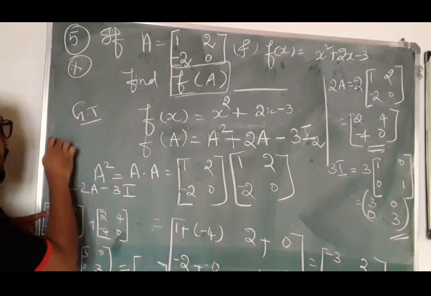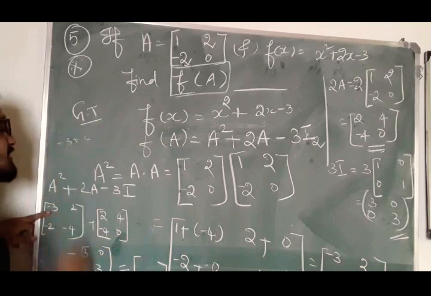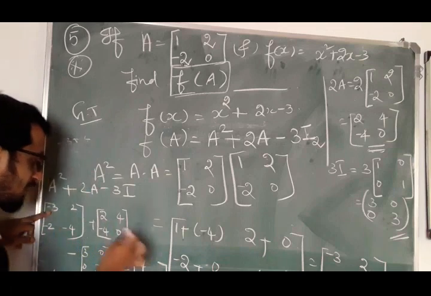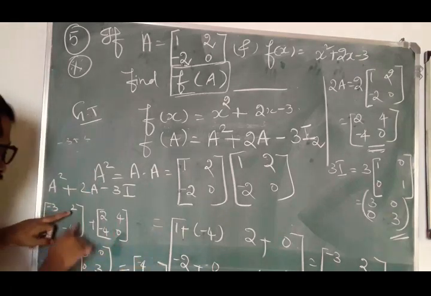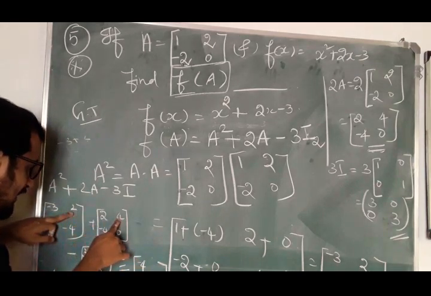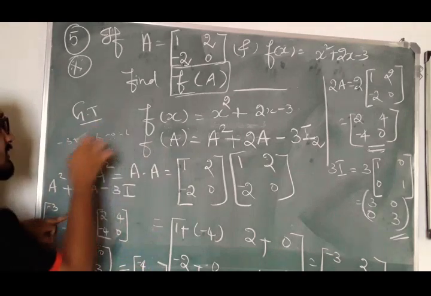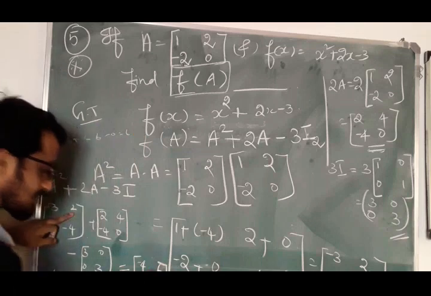Minus 3 plus 2, that means 2 minus 3 is minus 1. Minus 1 minus 3, that means minus 4. First element is minus 4. Now 2 plus 4 is 6, 6 minus 0 is nothing but 6.